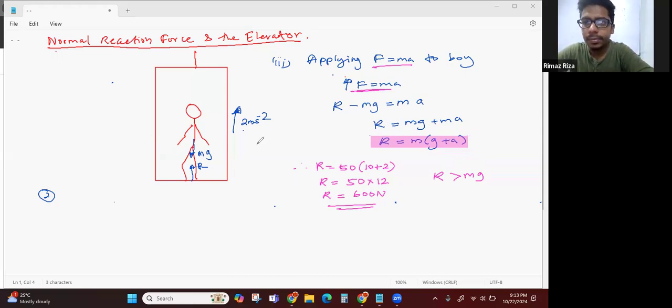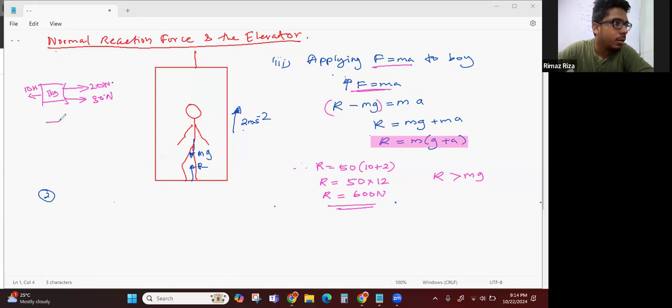What I can't understand is how R minus mg is equal to ma. Yeah, so this is the resultant force. F equals ma, which you studied. Say you apply one force here, 20 Newton and 30 Newton, and on this side 10 Newton, and the mass is 1 kilogram.